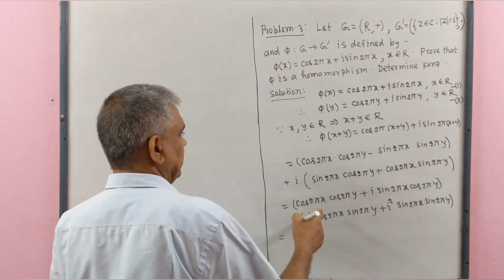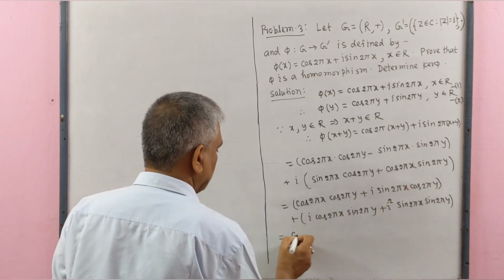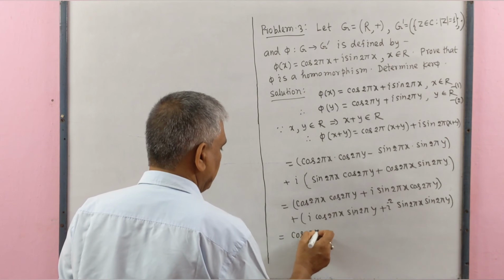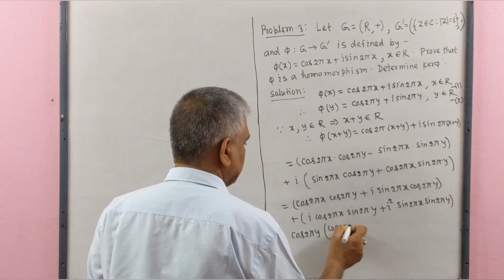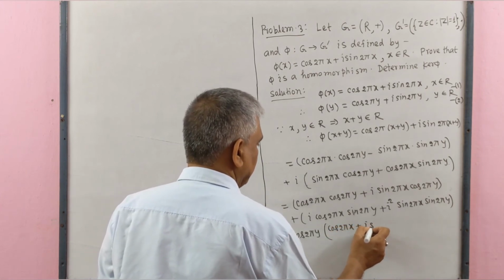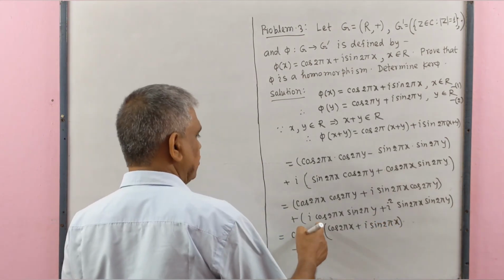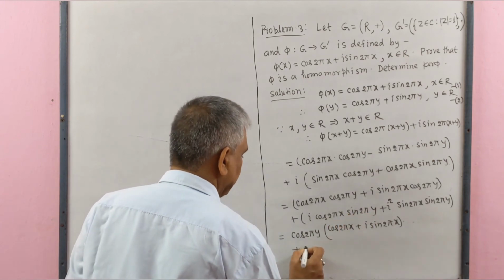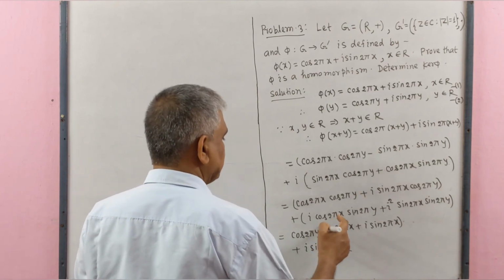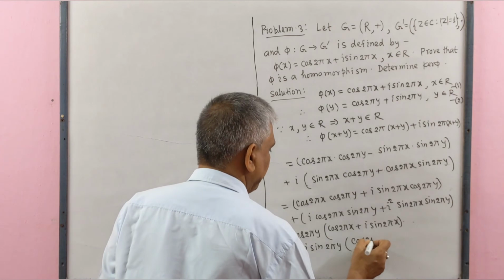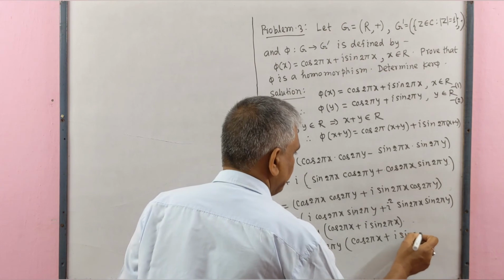Equal to, here we take common cos 2 pi y; cos 2 pi y remains times (cos 2 pi x plus i sin 2 pi x), plus we take common i sin 2 pi y; i sin 2 pi y remains times (cos 2 pi x plus i sin 2 pi x).